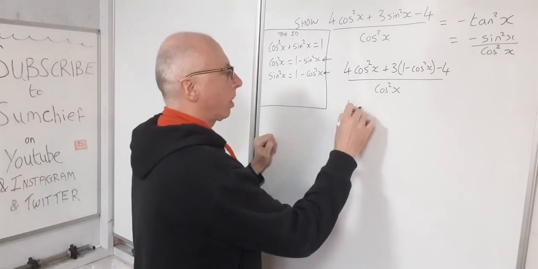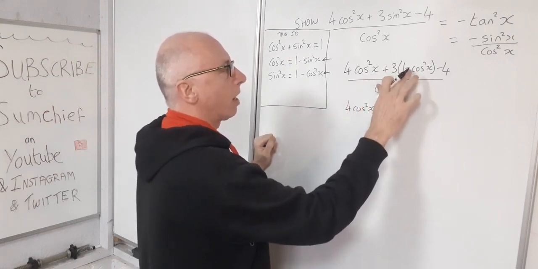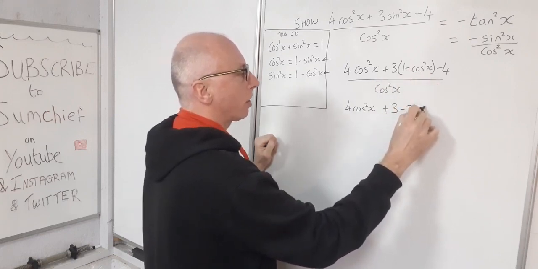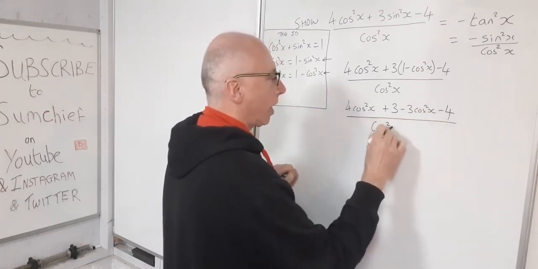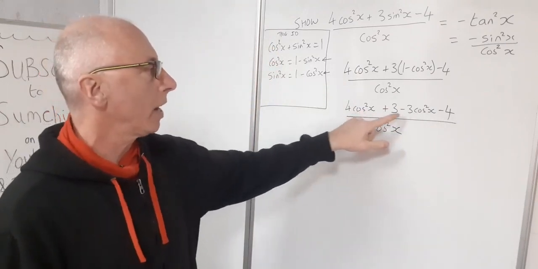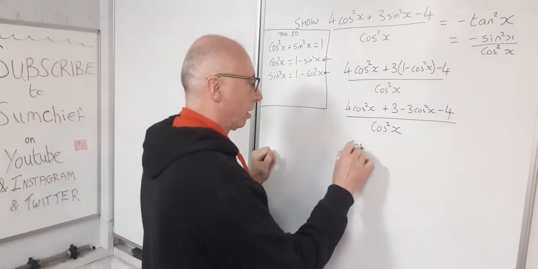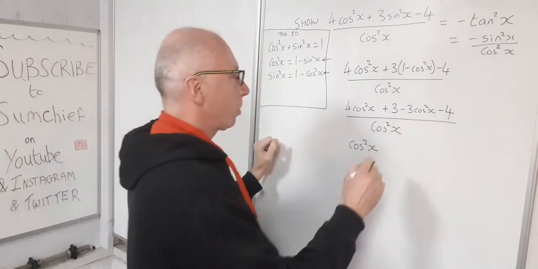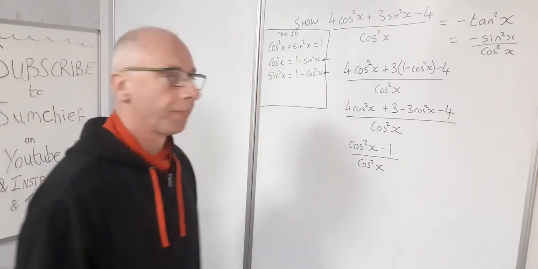So I've got 4 cosine squared x plus 3 times 1 is 3, and then minus cosine squared x times 3, so minus 3 cosine squared x, that's over cosine squared x. Okay, let's simplify this off. 4 cosine squared x minus 3 cosine squared x is just going to leave me with cosine squared x. And then plus 3 minus 4, that's going to give me minus 1. And divide that by cosine squared of x.